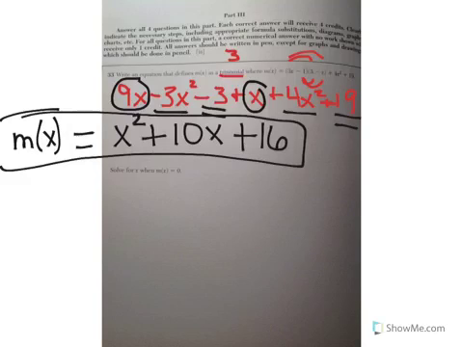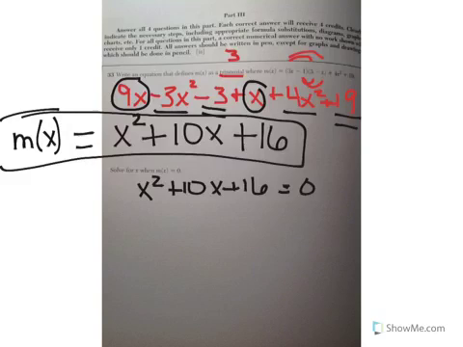Now solve for x when m of x equals 0. Okay, so all you have to do is set the equation x squared plus 10x plus 16 equal to 0 and solve. You can do this a couple different ways. You could use the quadratic formula, or you could factor and solve for x that way.